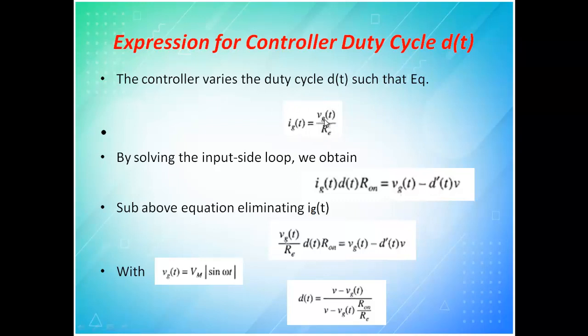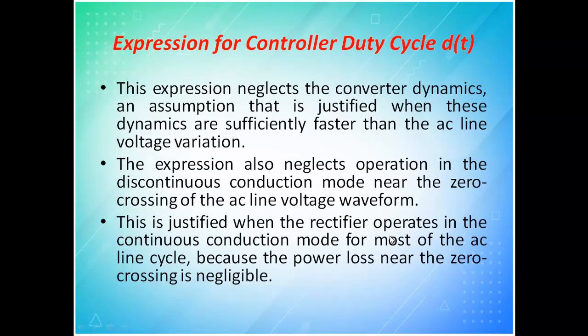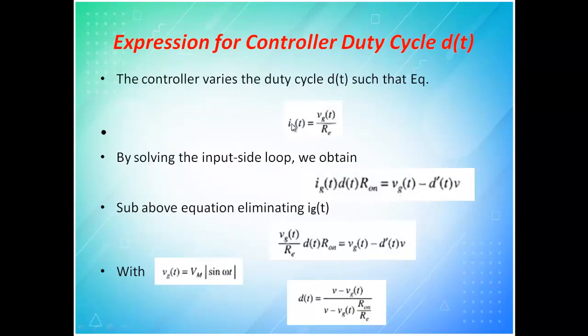Re, I have told you, is like a transformer resistance, which varies from the primary side to the secondary side. By solving the input side loop equation, you write the loop equation, and in it you bring this term here instead of that one. So the right hand side is there, and on the left hand side I put this term.